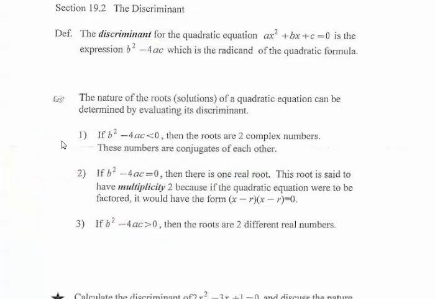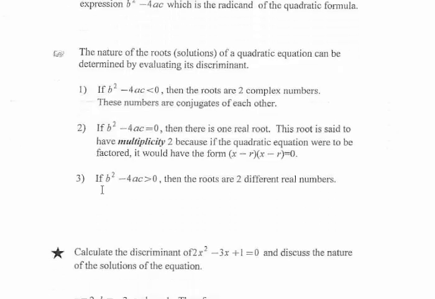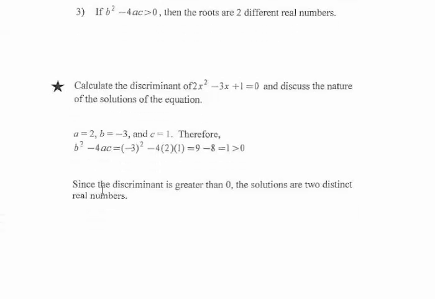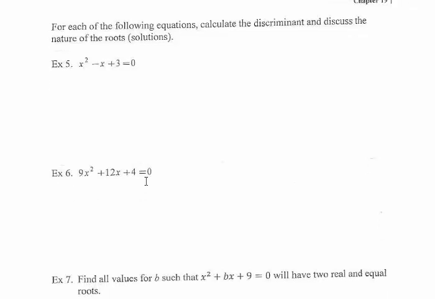So in the next few examples, we'll figure out what kind and how many solutions we have for a particular quadratic equation. You can see the workbook solved such an example at the bottom of that page.